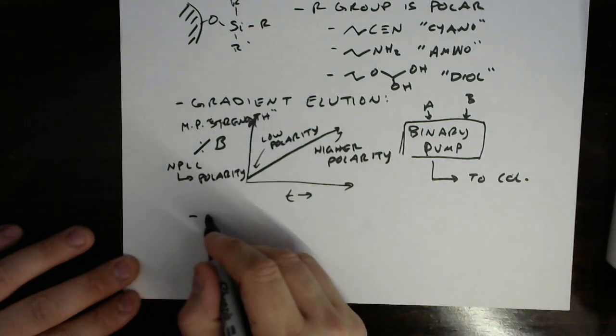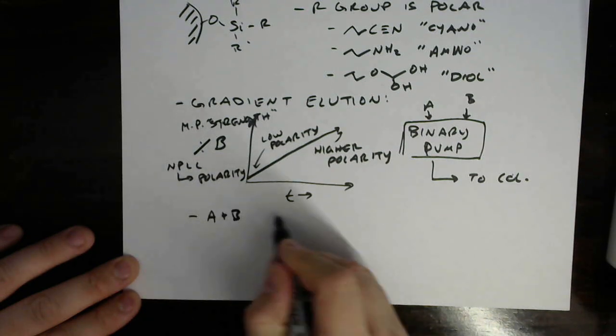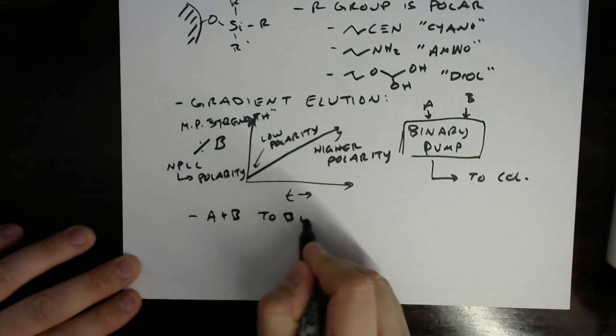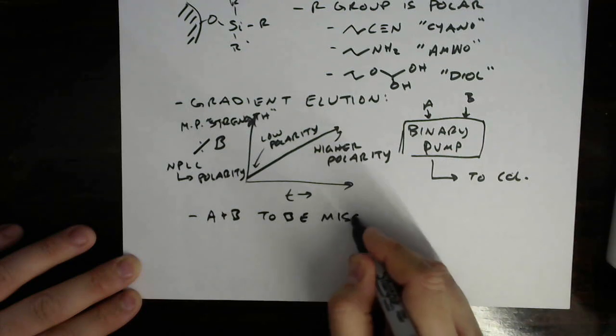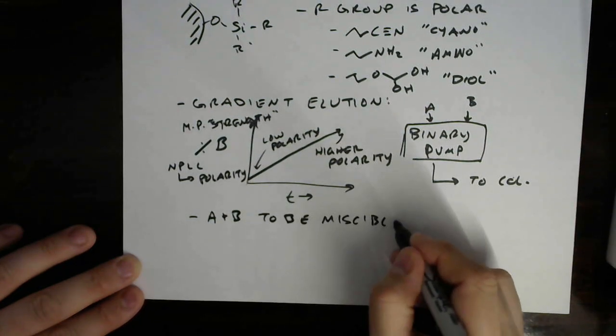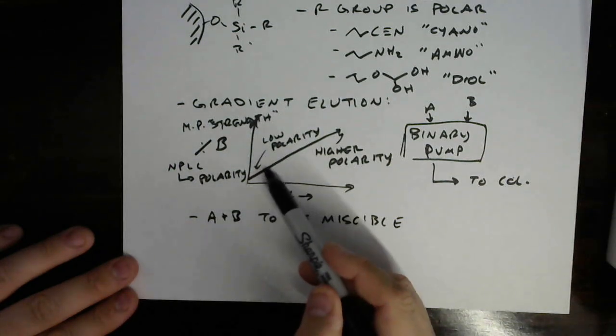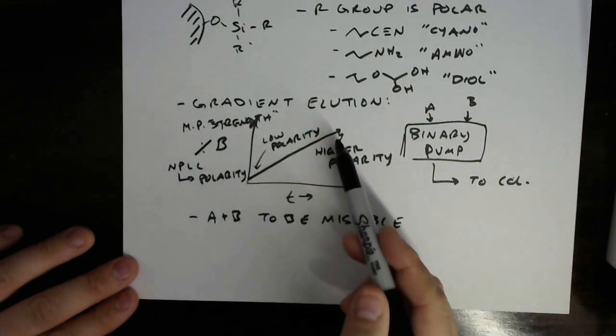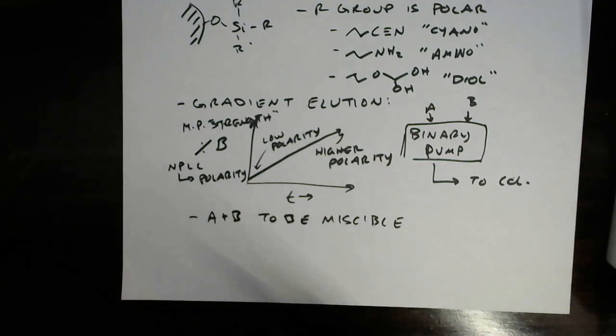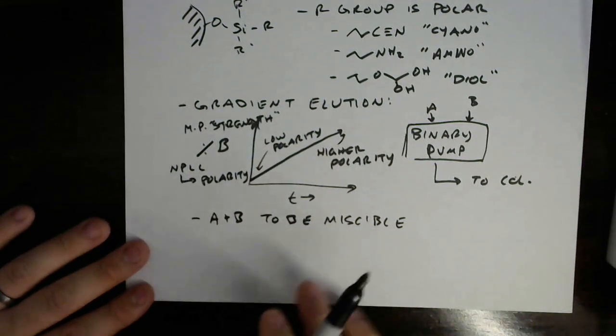So we need both A and B to be miscible. In other words, they need to be able to dissolve in each other, because if they don't, then as we add percent B in, we're not getting some nice linear gradient. We're getting oil and water, right?